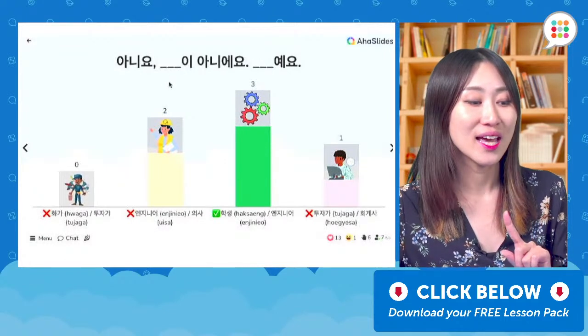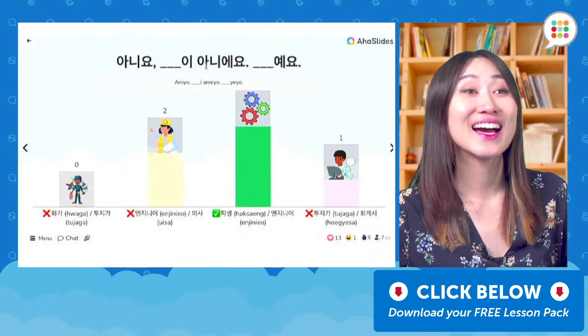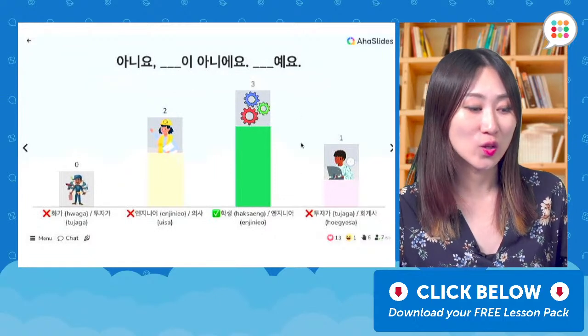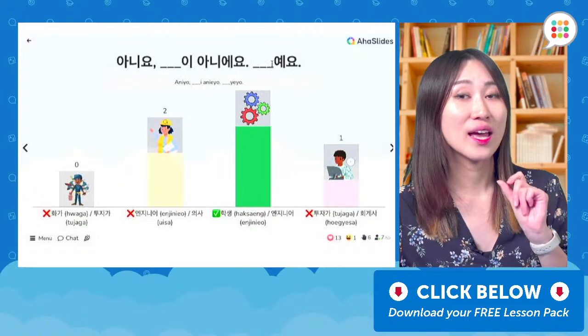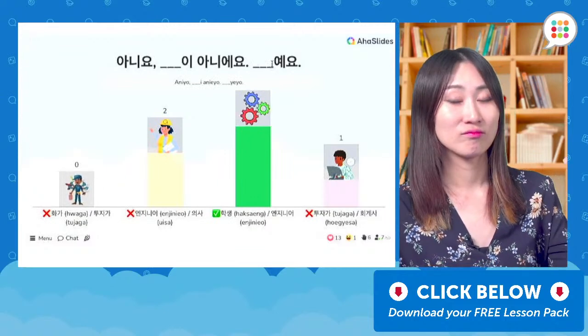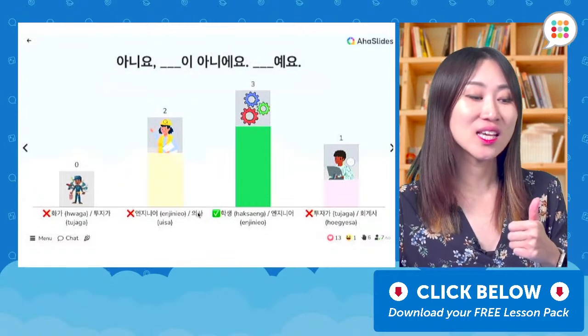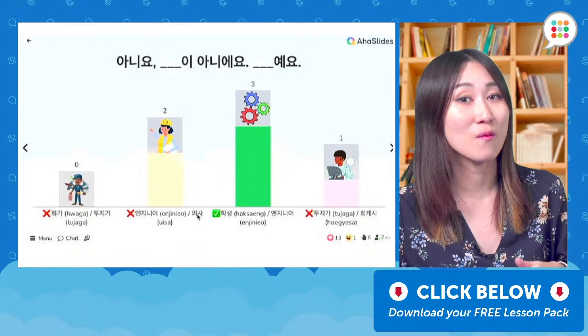So we have to say engineer가 아니에요. And 예요, well, engineer 예요 works because engineer ends with a vowel. So engineer 예요 works. 의사예요 works too because it ends with a vowel.